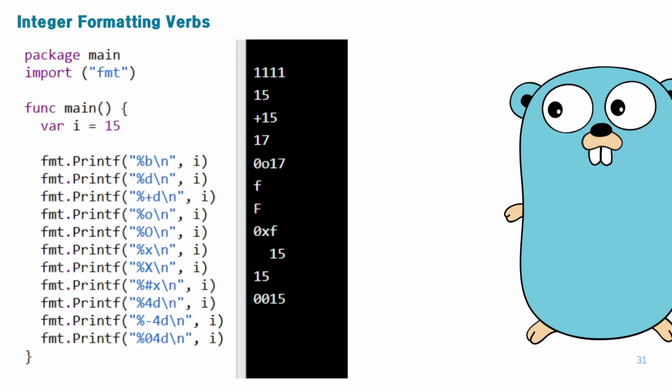In this case, we have declared integer i as 15, and here is its binary value, which is 1111.